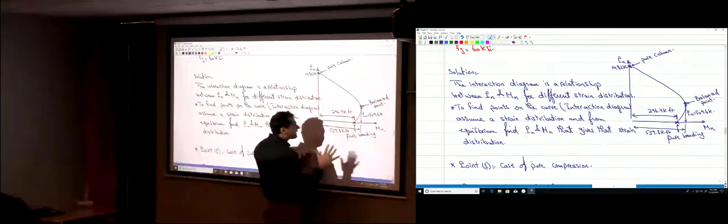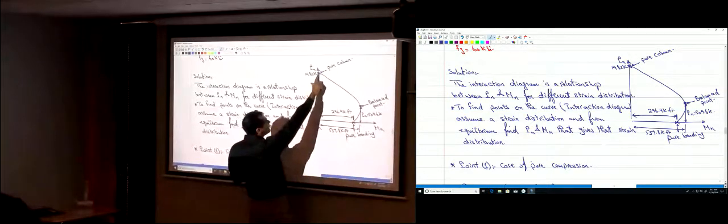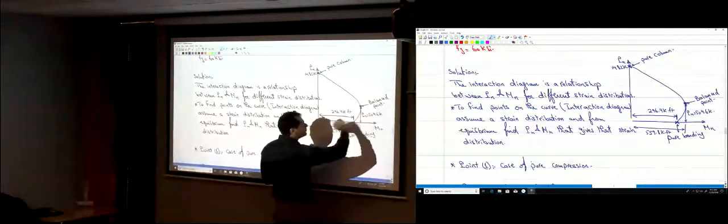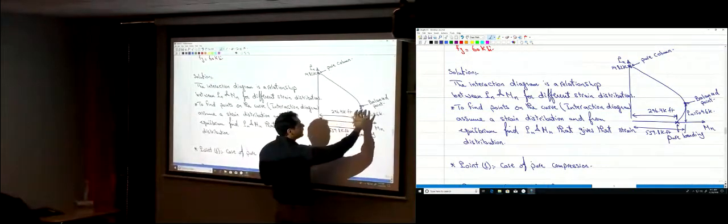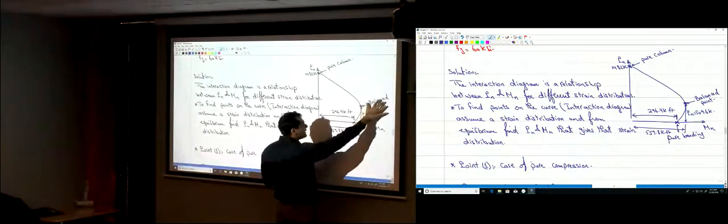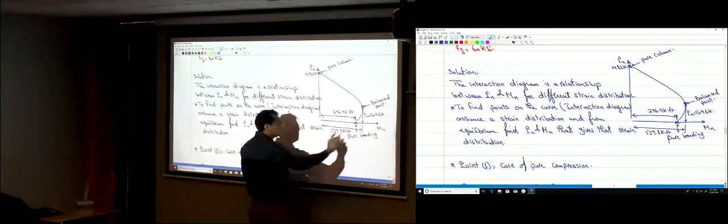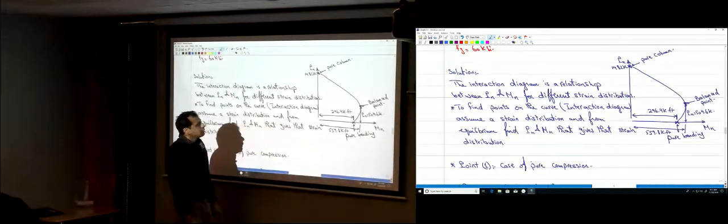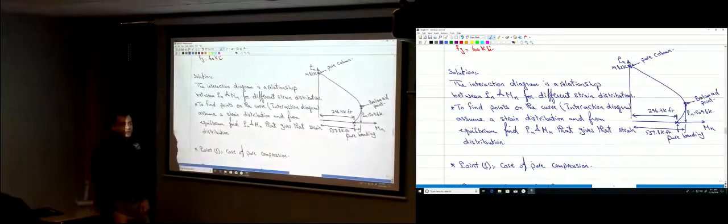Those are all the capacity of the same section. This is only when an axial force is applied. This is when the combination of an axial force and a bending that gives you a balance point, and here only a bending moment.